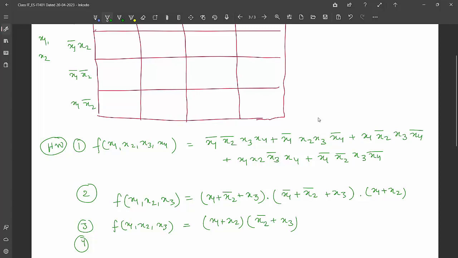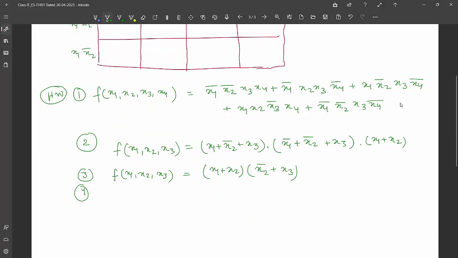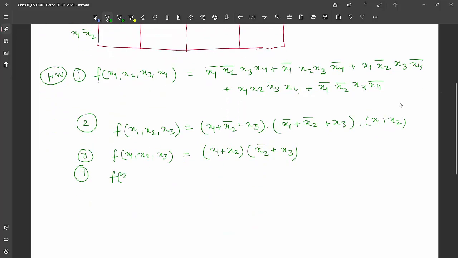And number 4, some of the direct expressions you can get: f of x1 x2 x3 is equal to x1 x2 x3 plus x1 x2 bar x3 plus x1 x2 bar x3 bar and x1 x2 x3 bar plus x1 bar x2 and x3.